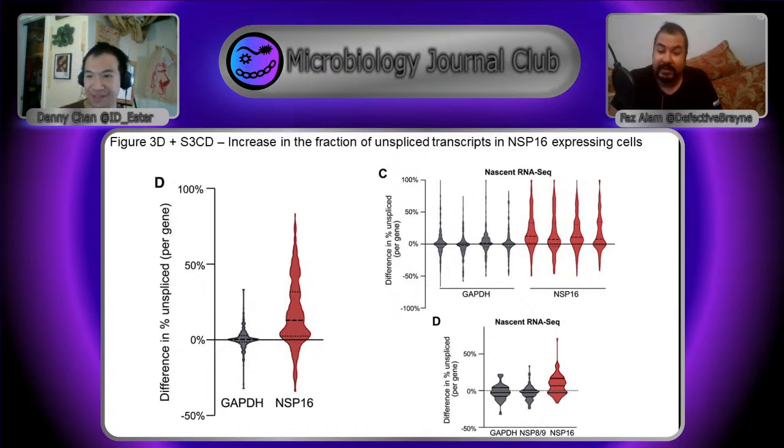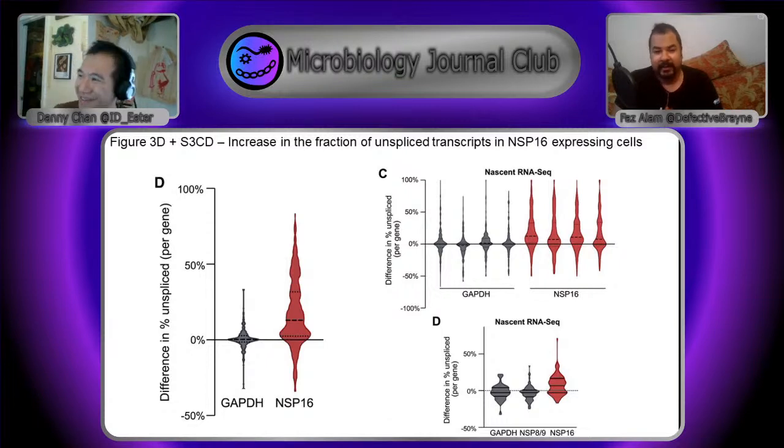I guess they say per gene, so it might mean it's binned. Maybe there are many RNAs that get made from a gene, so they collapse that into a single data point. Again, they're looking at everything they sequenced: did it have introns or not? Then they assign that frequency number to every gene in the cell.